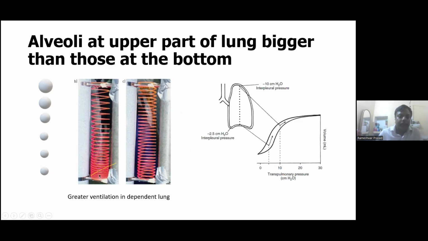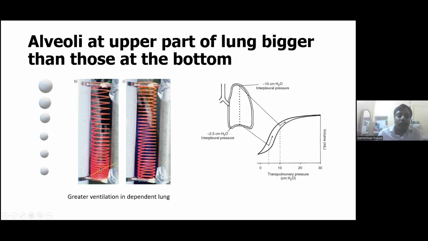Because of gravity, the spring is pulled down, so there are more rings at the lower part of the spring and fewer rings at the upper part. The same thing happens with the lung tissues. Because of the weight of the lung tissue itself, the lower part of the lung tissue is more dense, and the upper part is less dense.